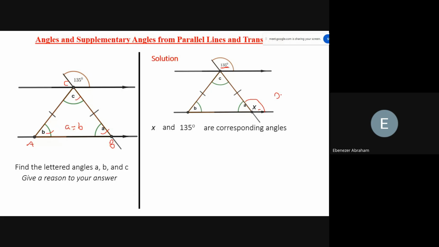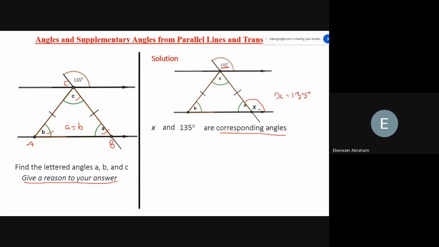So my X equals 135 degrees. You need to state why you are saying that X equals 135. Then you state they are corresponding. X and 135 degrees are corresponding angles. They expect you to give a reason, and they will mark it. Once the question comes with give reason, they will mark the reason. You can't just state the answer and leave it like that.